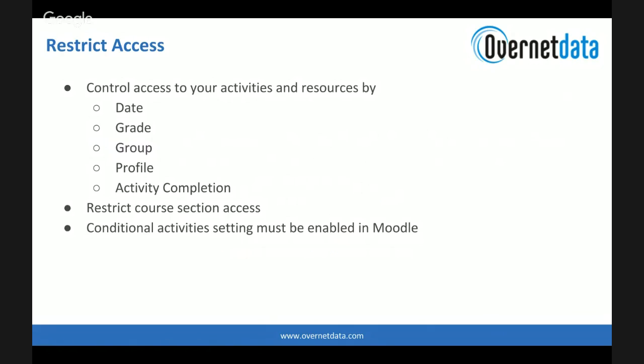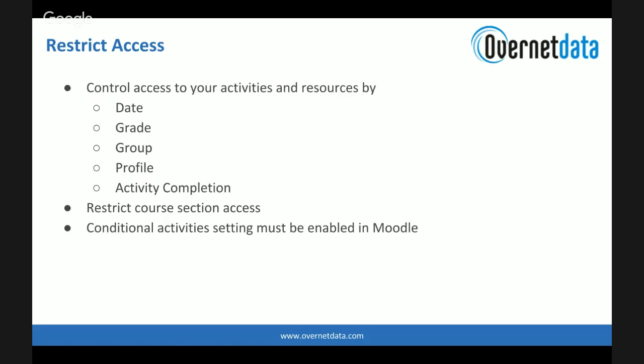So the first thing we're going to be looking at today is restricting access. I'm going to show how teachers control access to their course activities and resources, and that can be done by a date range.